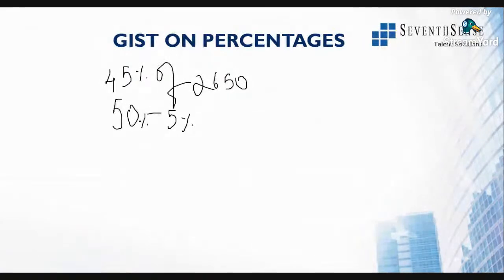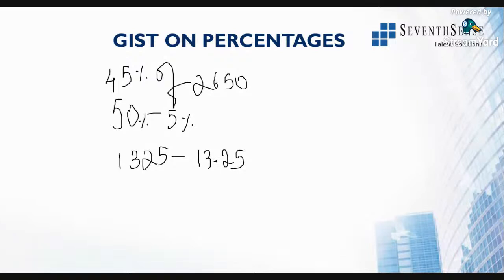Clear? So 50% is nothing but half of this value, 2,650 by 2. So 2,600 is 1,300, and 50 by 2 is 25. So it becomes 1,325 minus 5%. So 10% is 26.5, right? 5% is half of that, 13.25. All right.